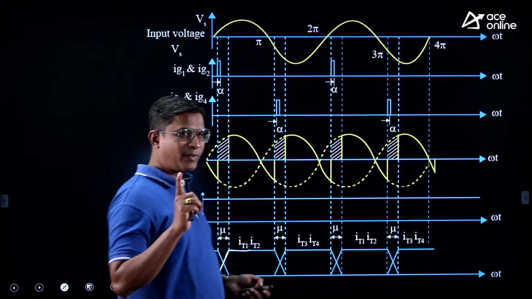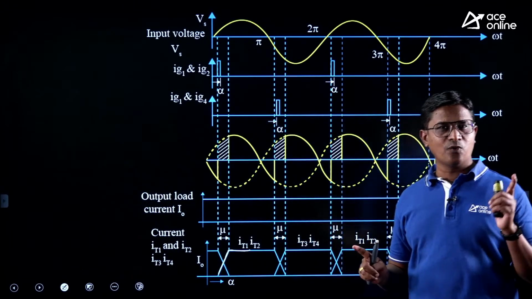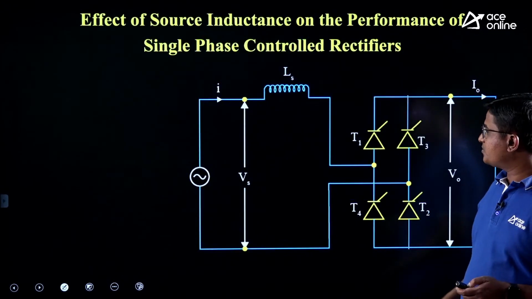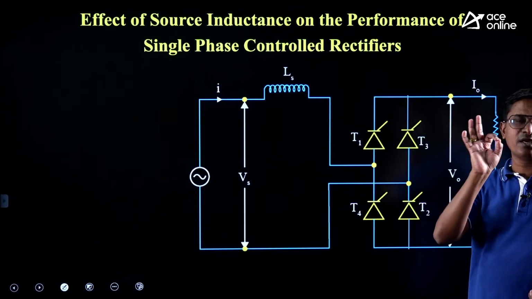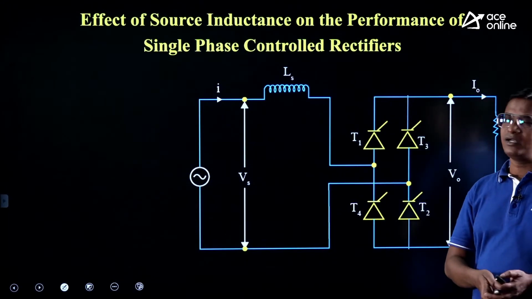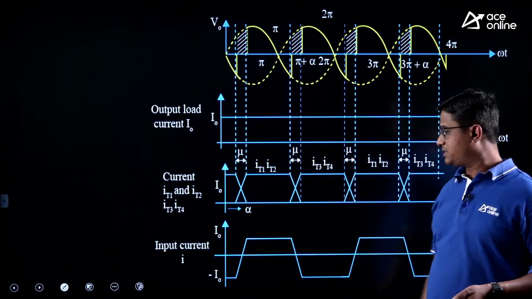So if the source inductance is present, then during overlap angle mu in a single phase full converter, all 4 thyristors will be in conduction mode. So I am getting this type of output voltage.